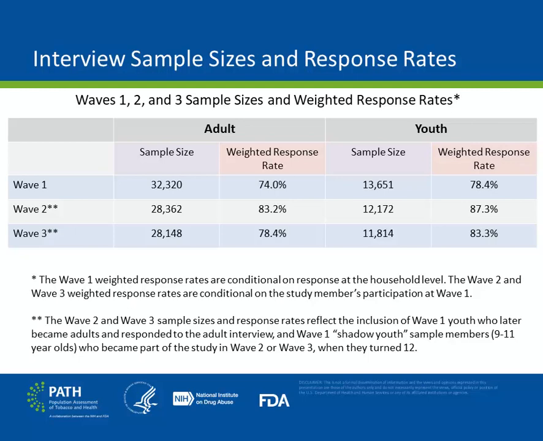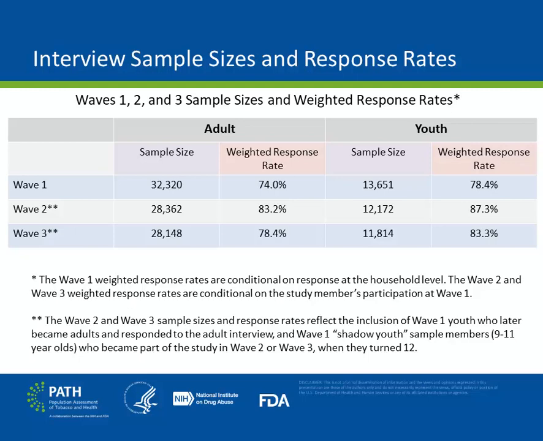In the first row corresponding to Wave 1, the adult sample size was 32,320 and the weighted response rate was 74.0%. The youth sample size was 13,651 and the weighted response rate was 78.4%.